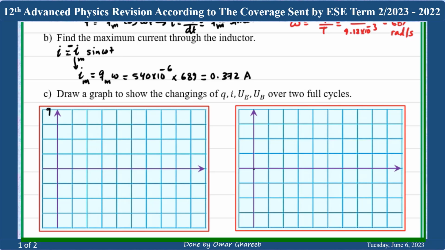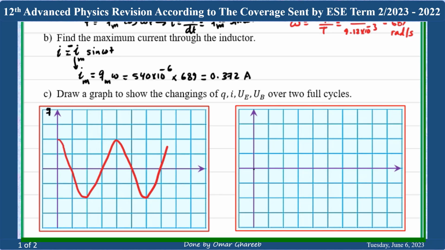Q is a cosine function. So we need to draw a cosine function from maximum to 0, then minus maximum, again go to 0, maximum, 0. It is alternating.